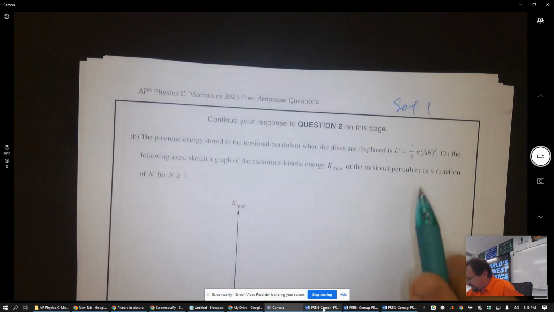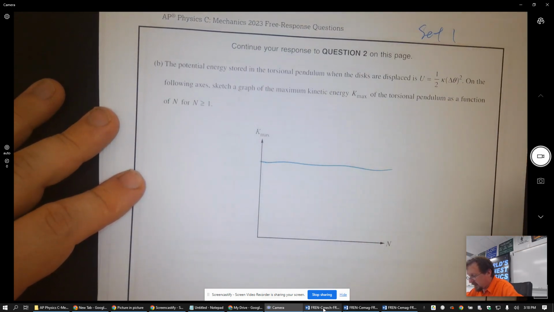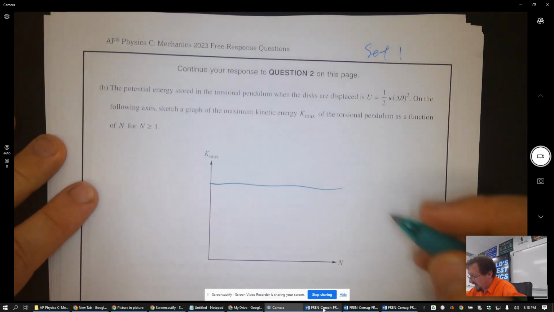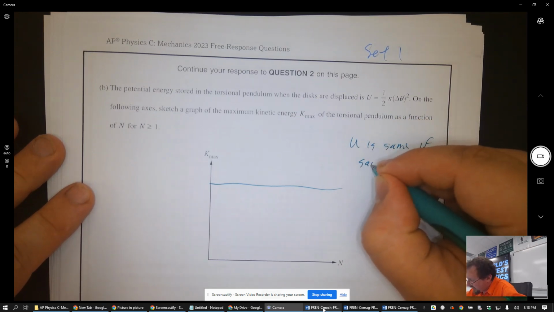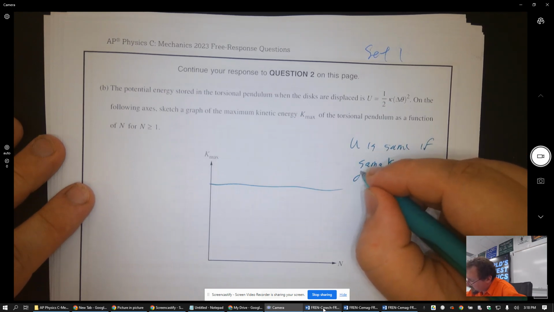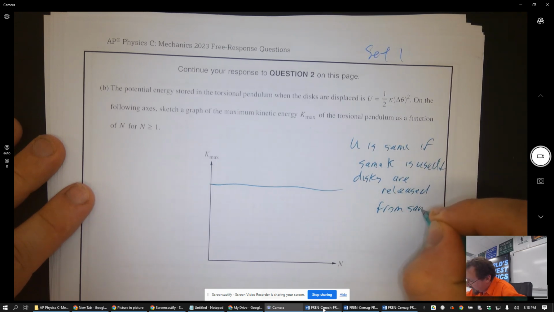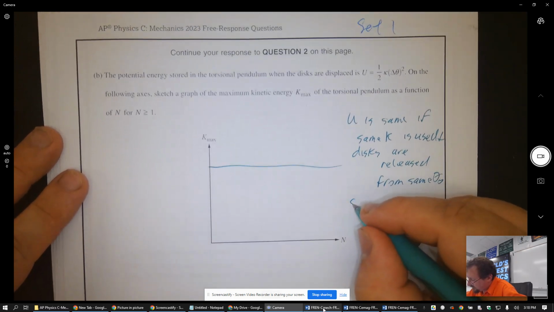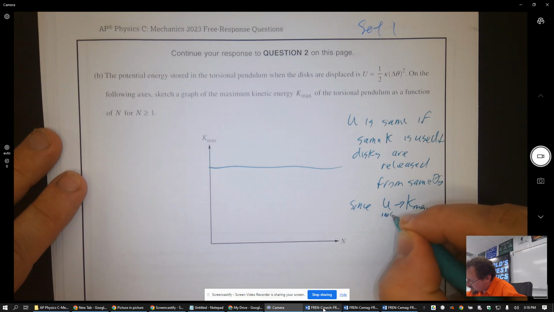If we're using the same theta, then the K max would be the same the whole time. Now, why would the K max be the same? The U is the same if the same cord is used, which it is, and the disks are released from the same theta naught, since the U becomes the K maximum, or the U initial, I should say.